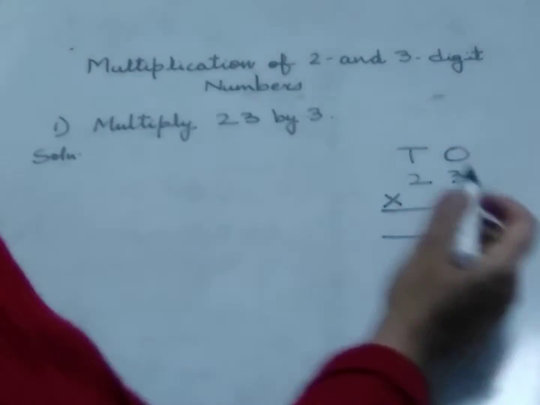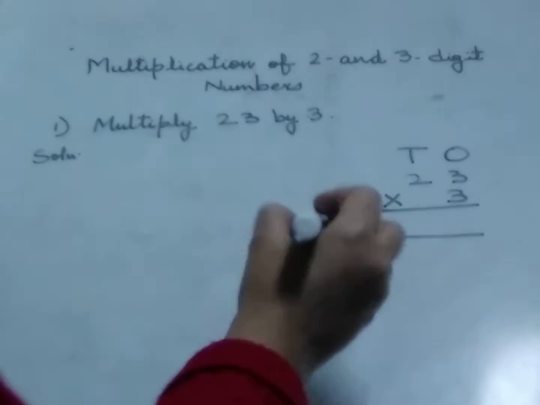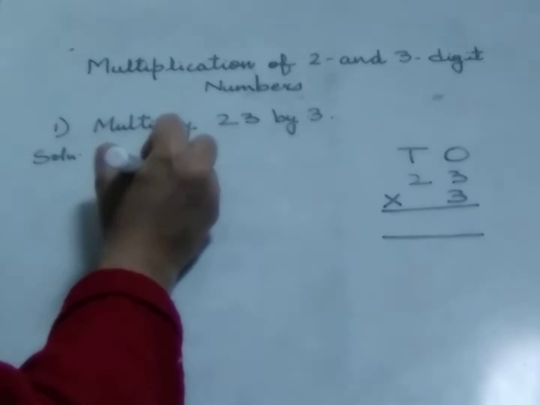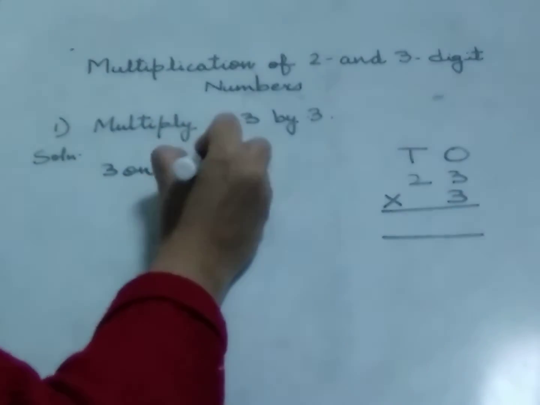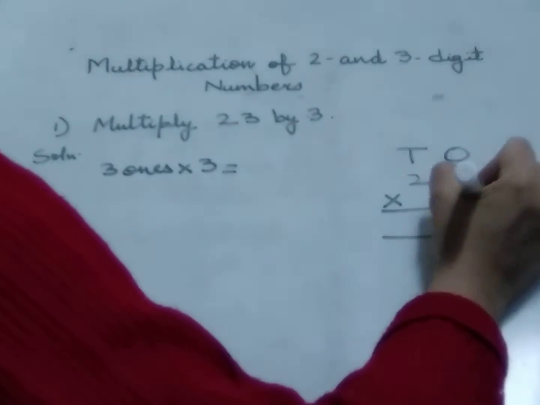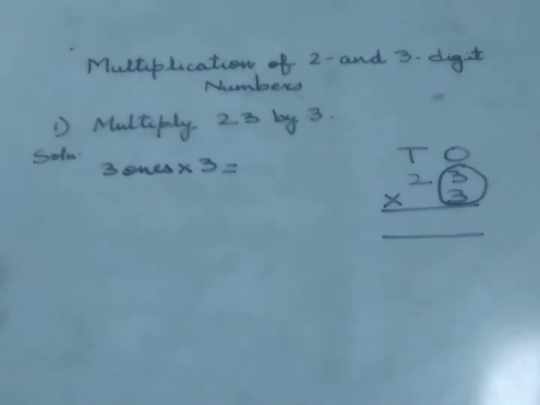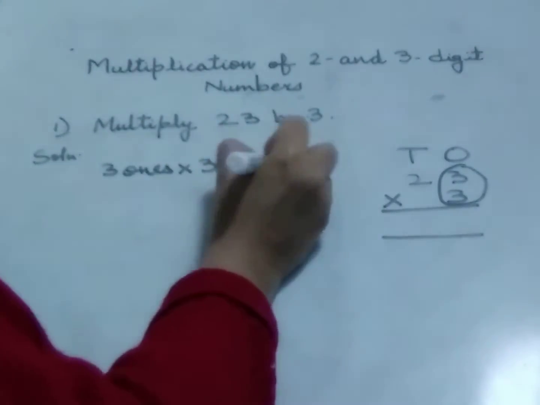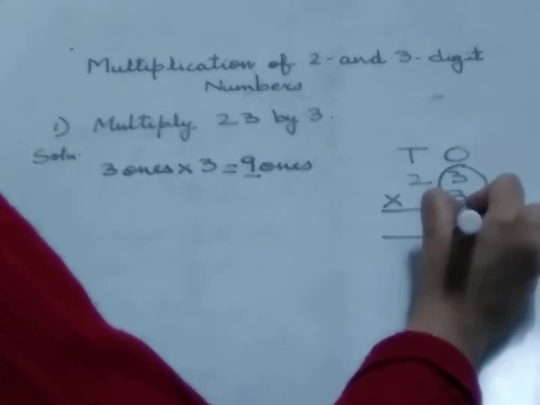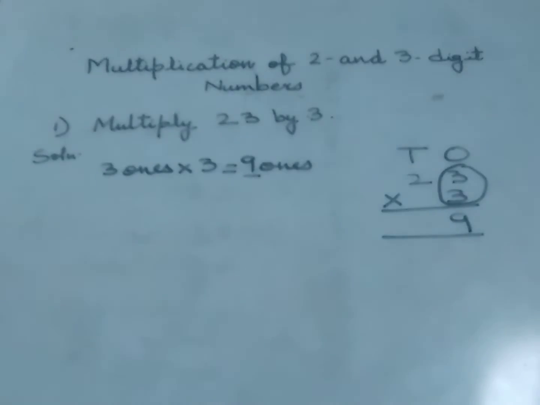And multiply the ones first. So 3 ones multiplied by 3. What do we get? 3 threes are 9, 9 ones. So write 9 in the ones column.